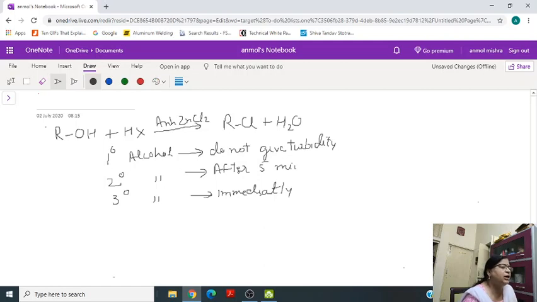Secondary alcohol after 5 minutes, and tertiary alcohol will give immediately. And you should write down the chemical equations. Keep in mind, otherwise half of the marks will be deducted. So alcohol, this is primary alcohol, you can change here to R2CHOH or R3COH.